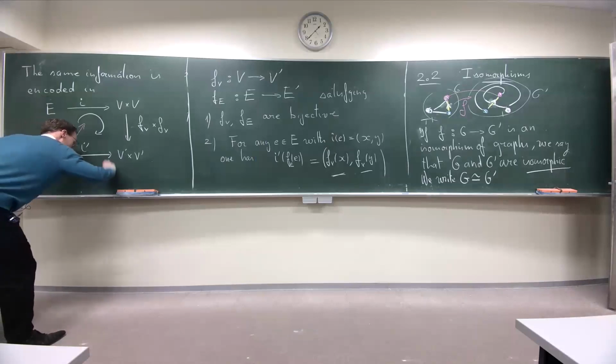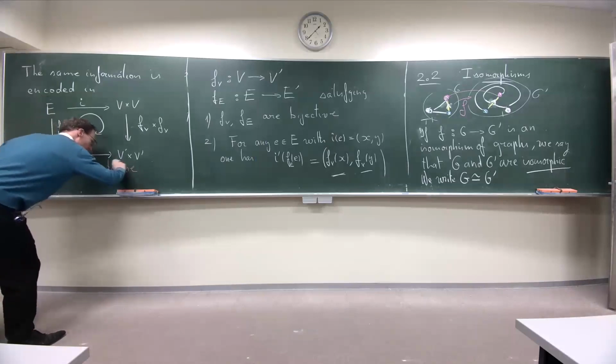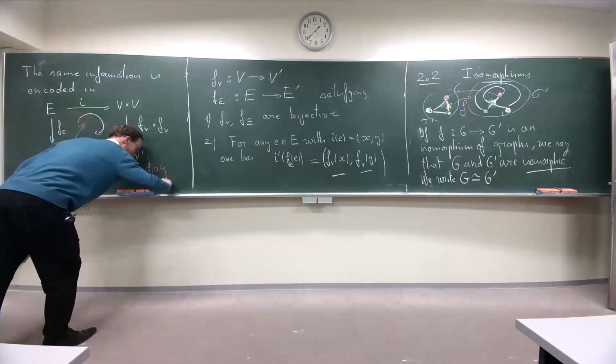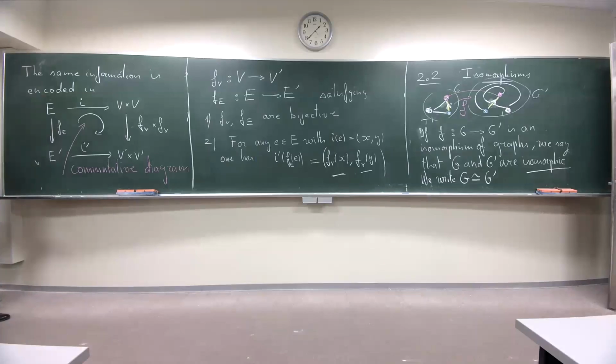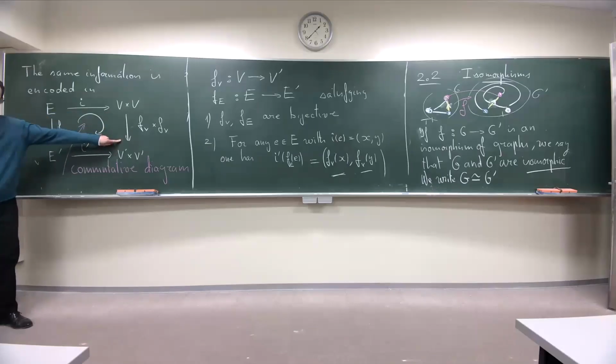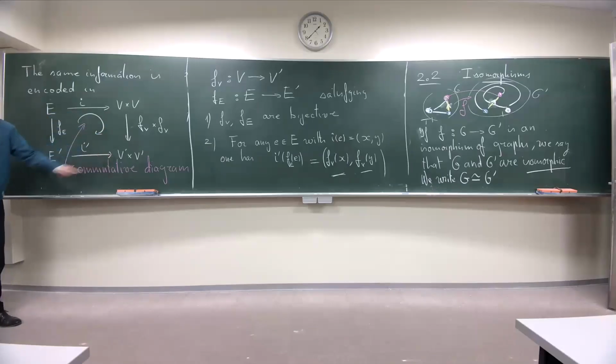What does it mean? Again, you are not obliged to remember this, except if you are 4th year or higher. It means you can take this path or take this path, and you should obtain the same thing. And indeed, look, the left-hand side is in fact this path. I first apply Fe, and then I take I prime. And the right-hand side is the other one.